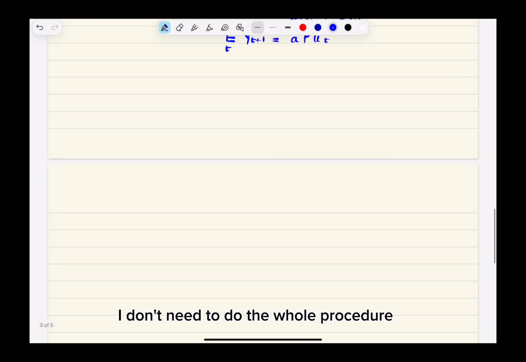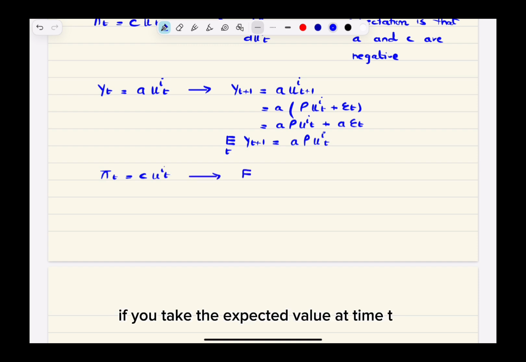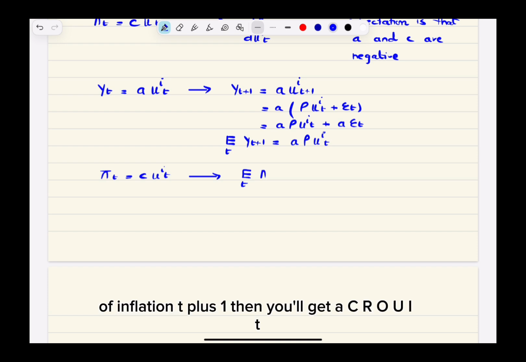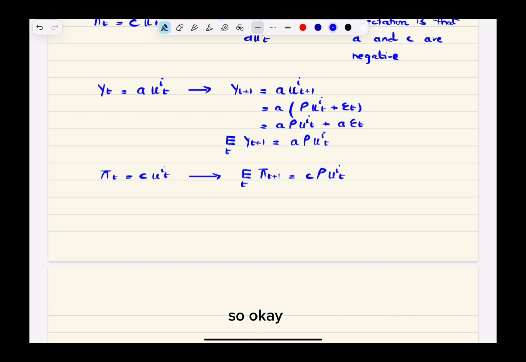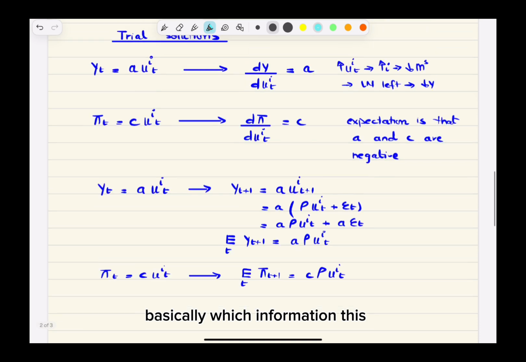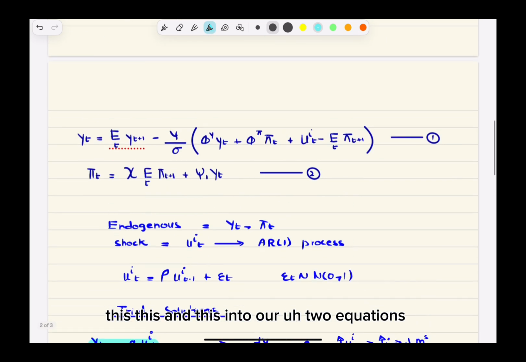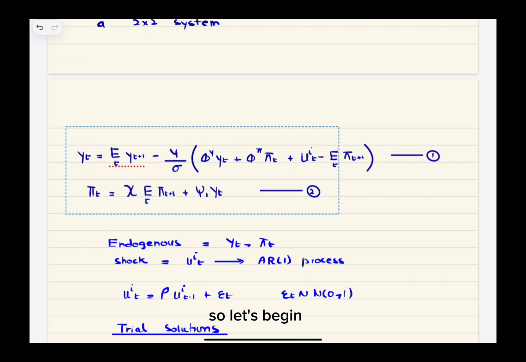Similarly, I don't need to do the whole procedure again for inflation, but if you follow the same logic as above, you'll get that the expected value at time t of inflation_{t+1} is c rho u_t. So okay, now we're going to substitute all of this information into our two equations. So let's begin.